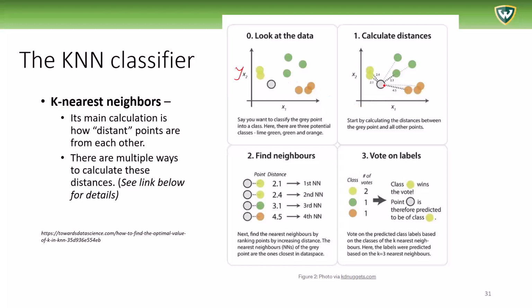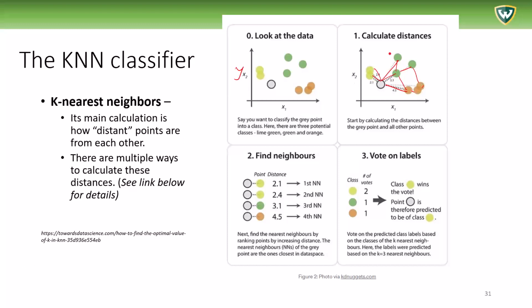What KNN does is calculate a distance between this point and all the other points. But actually before it does that, when you build the algorithm, it has to calculate a distance between all the points. It needs to know how distant all the points are from each other.